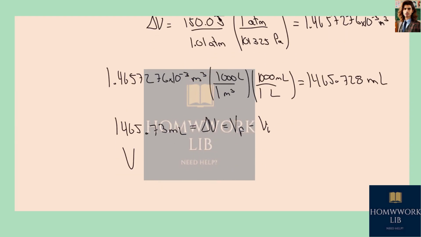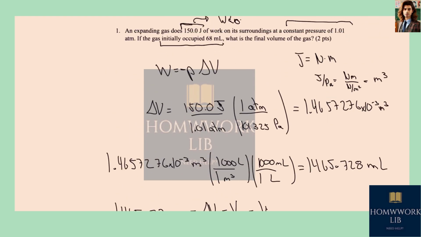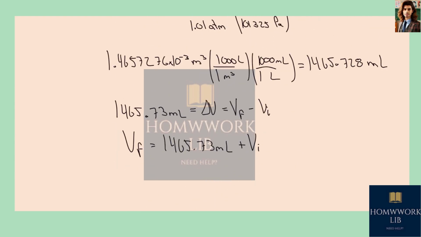Thus, the final volume would be equal to this quantity plus the initial volume, which is 68 milliliters, which gives us 1,533.73 milliliters. This is going to be our final volume.